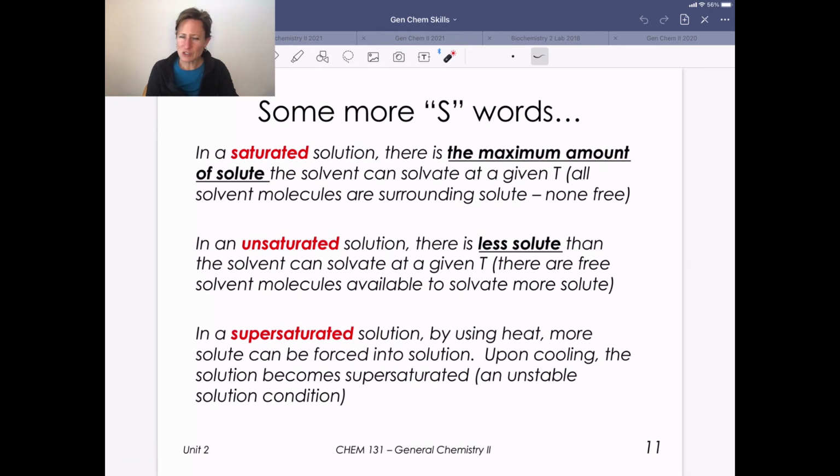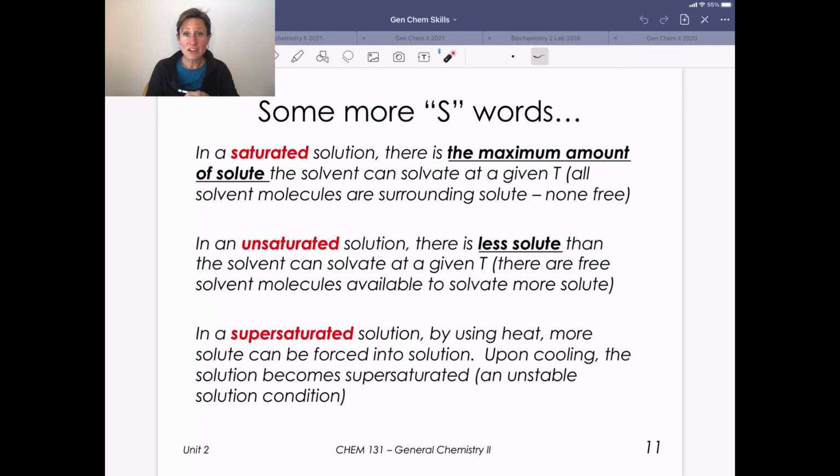A few more S words to think about. When we talk about a saturated solution, there's a maximum amount of solute that we can get in at a given temperature, again noting this temperature dependence. We can take a solution that doesn't have as much solute as it could have, and that's an unsaturated solution. But really interestingly, we can create what's called a supersaturated solution.